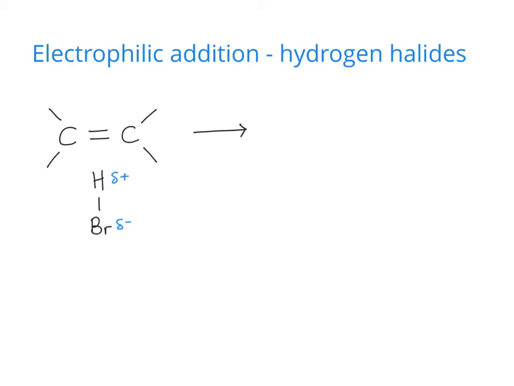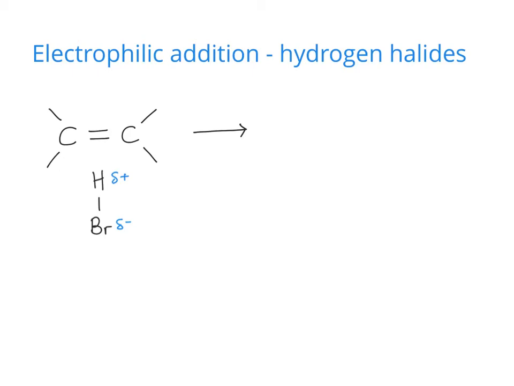And that means that when it draws close to the carbon-carbon double bond, that region of electron density, that pi bond, remember those electrons above and below, is going to start to attract towards the hydrogen.